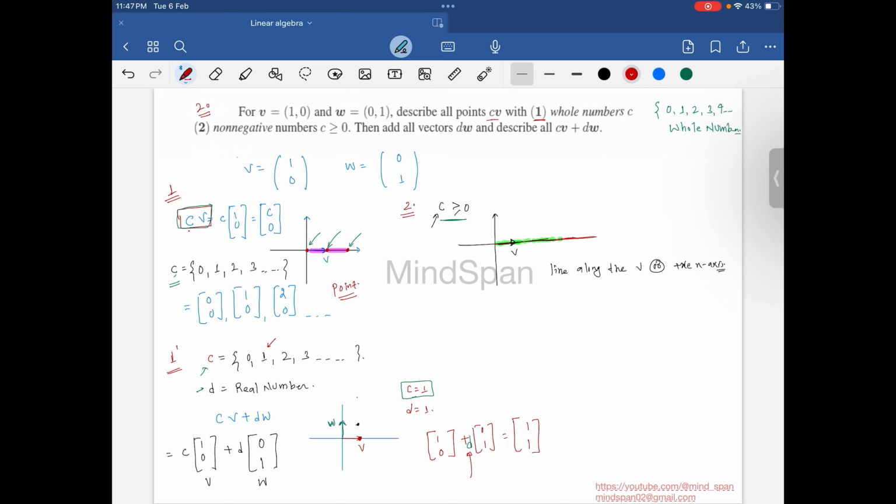And is this the complete space? No, we could have more. We can pick c equal to 0, and again we can vary this d. With this particular value of c equal to 0, if we vary d now, that will be along the vector w again, and this is the line that you will get.